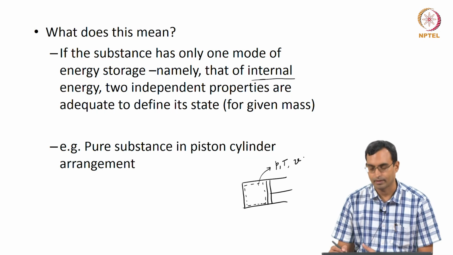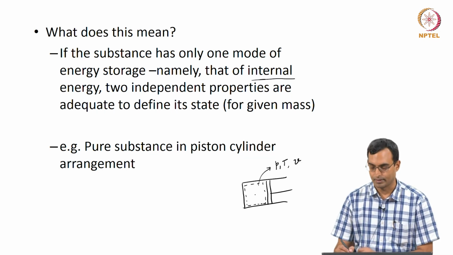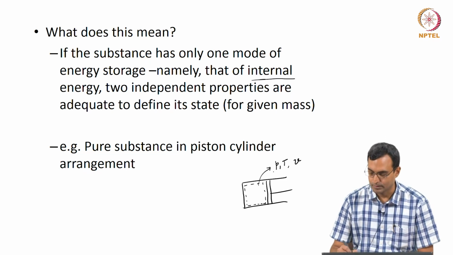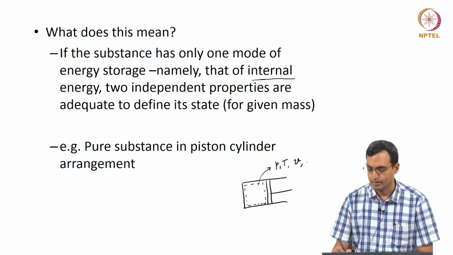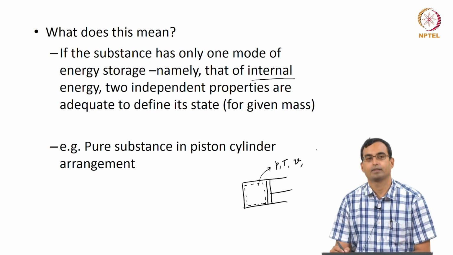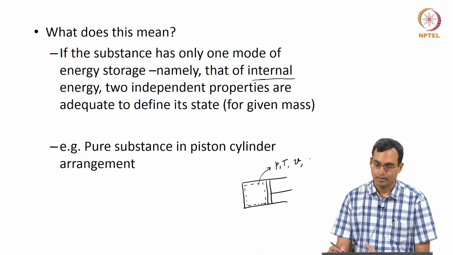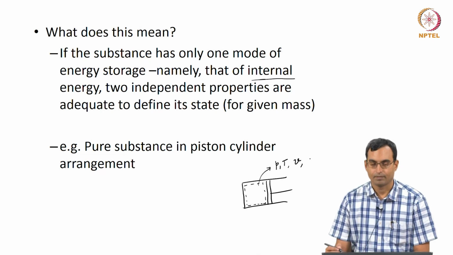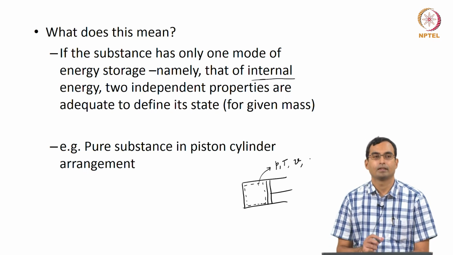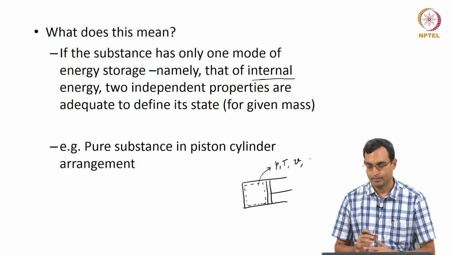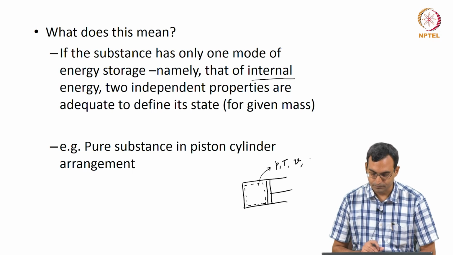I can find out some other intensive properties such as specific volume, knowing what substance it is, as long as I can consider it to be a pure substance. Or knowing these two, I can find out, for example, the specific volume, I can find out changes in internal energy, I can find out changes in enthalpy, and I can also find out with some datum the absolute internal energy and enthalpy and so on.